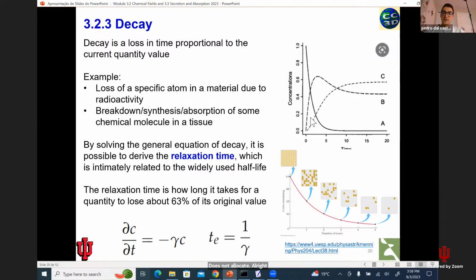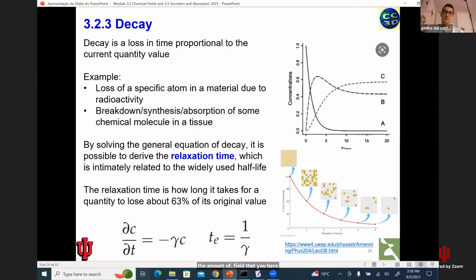There is a very basic mathematical equation for the decay, which is that the rate at which something decays is proportional to the amount of field you have.